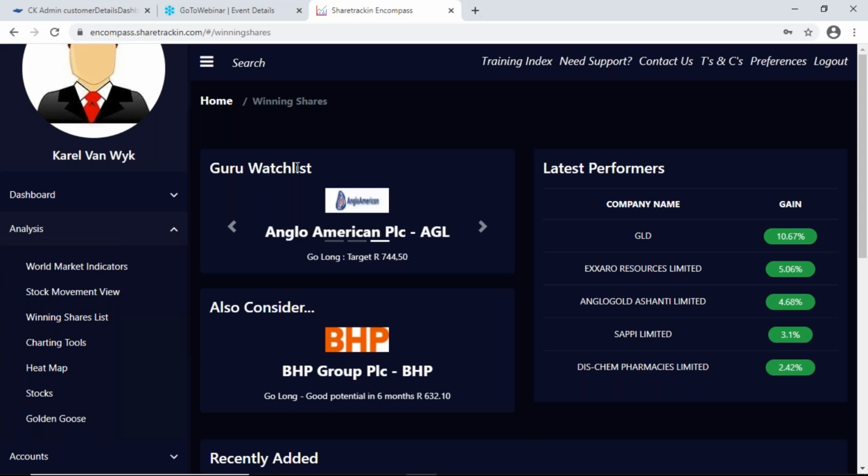And these are shares that she goes and analyzes. And then if she sees that this share will give you good growth over a long period, it will then become a winning share. So first of all, I have a guru watch list. So the guru watch list is 3 shares that she says we can keep our eye on. And she also gives you a reason for that.